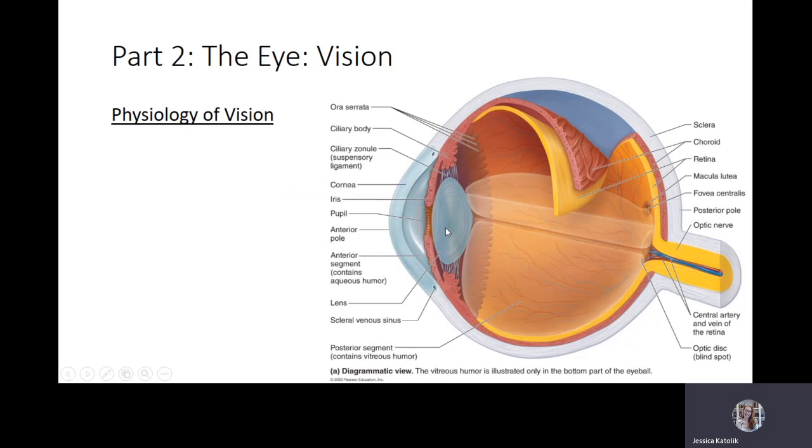That light will then go to the lens, and the lens will bend the light as well. The degree to which the light bends will depend on the shape of the lens. The lens can flatten and relax to accommodate for different amounts of refraction that are necessary.